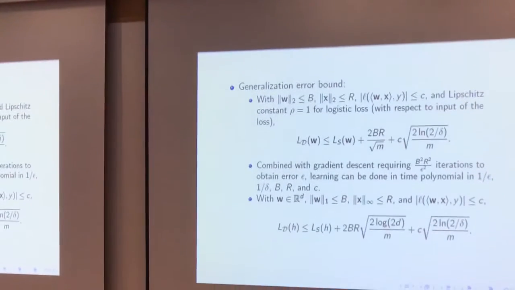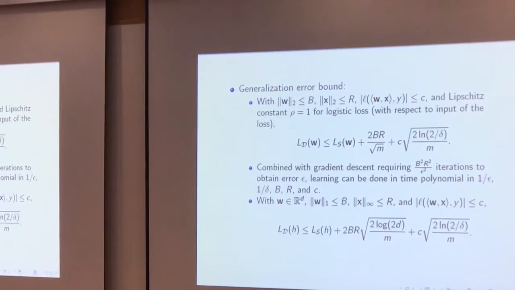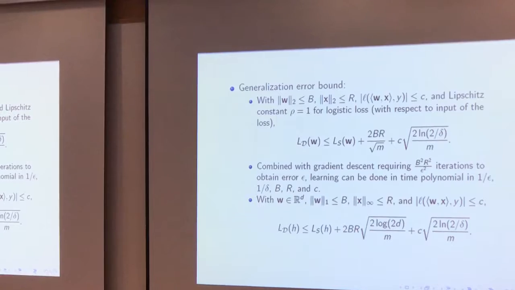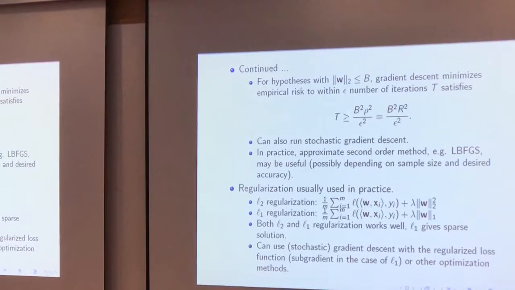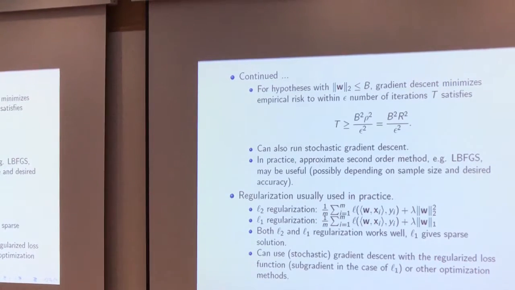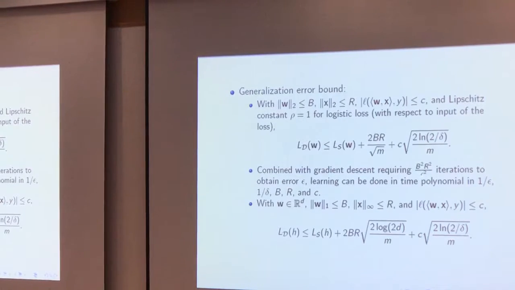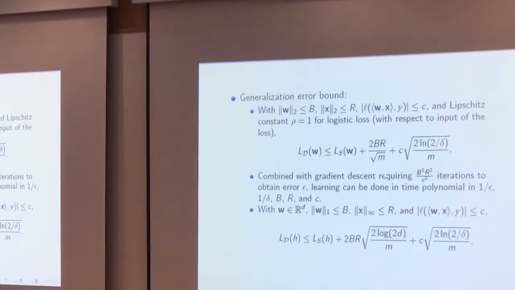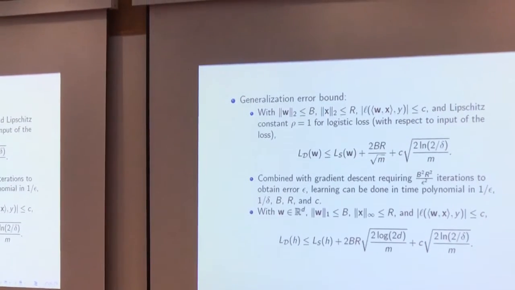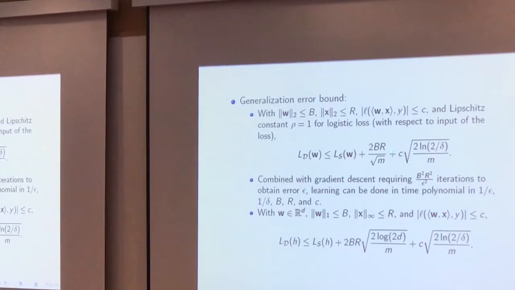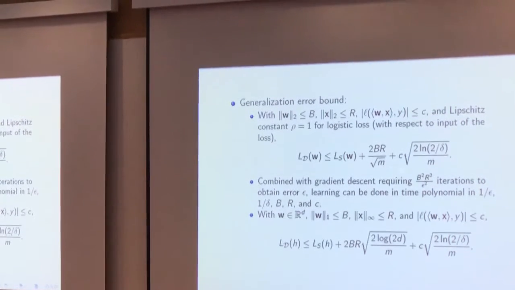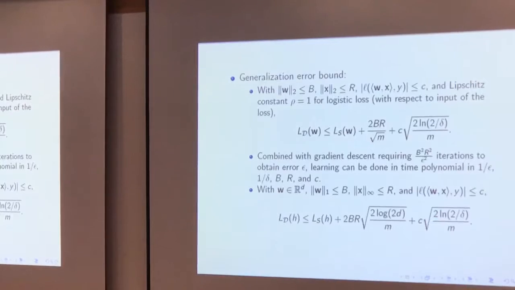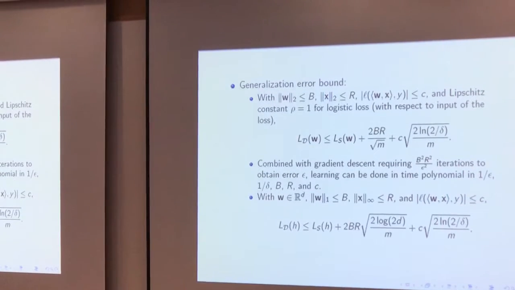So if you want to ask, can I do this efficiently? Then you look at how many rounds I need. That's polynomial with respect to 1 over epsilon squared. And then you ask how big the m I need is. That's again going to be polynomial with respect to 1 over epsilon.